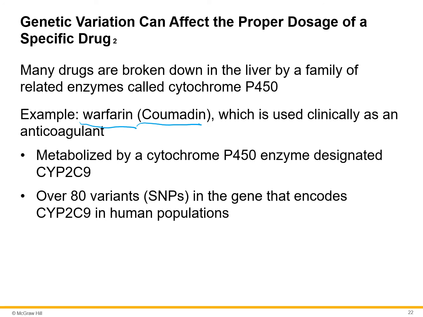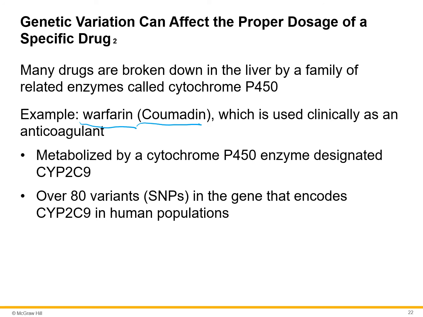So it kind of thins their blood, but makes it less likely to clot. And it's broken down by an enzyme in the liver, the P450 enzyme systems. And so different individuals have different activity levels of that enzyme.